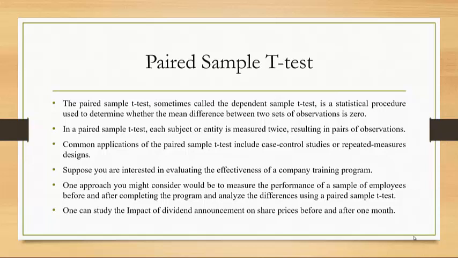To check the impact of dividend announcement on the share prices, we can have share prices of our sample stocks before 1 month of dividend announcement and share prices of our sample stocks after 1 month of dividend announcement. So in this case, we will have two paired samples and then we can apply a t-test to check whether the mean difference between these two sets of observations is zero or not.